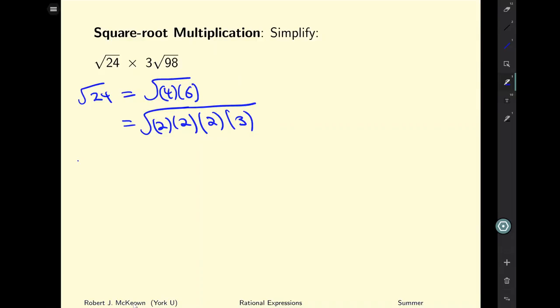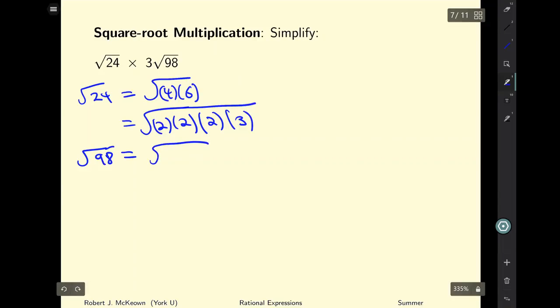Similarly, I can look at the square root of 98. Now, while the square root of 98 has no particular significance for me, I know that anything that's an even number divided by 2 is going to produce a whole number.